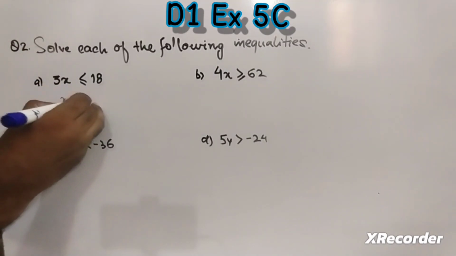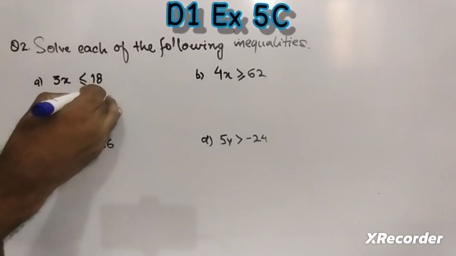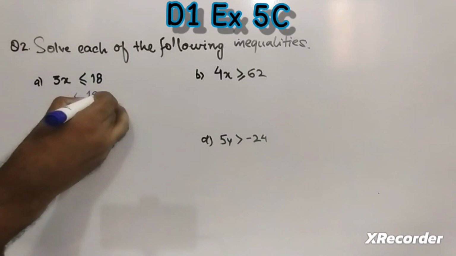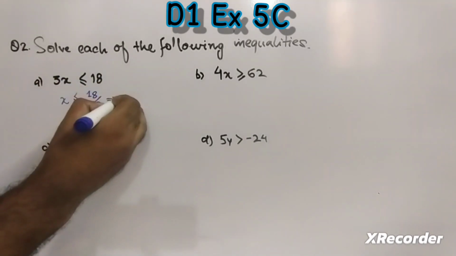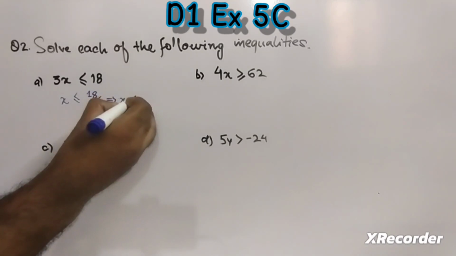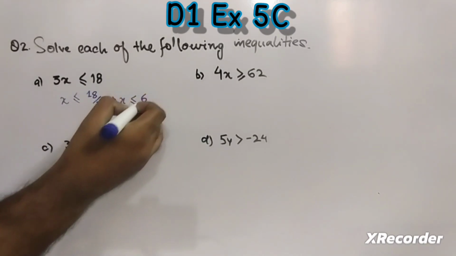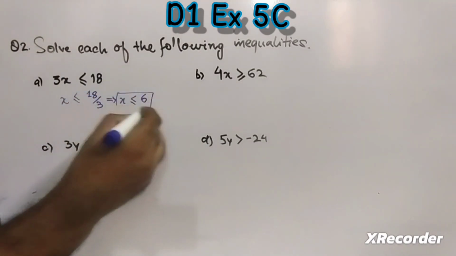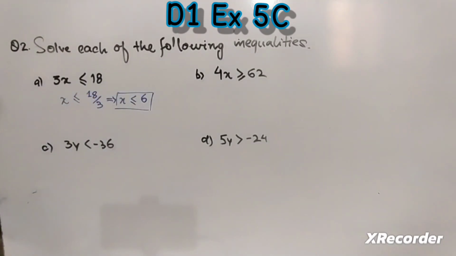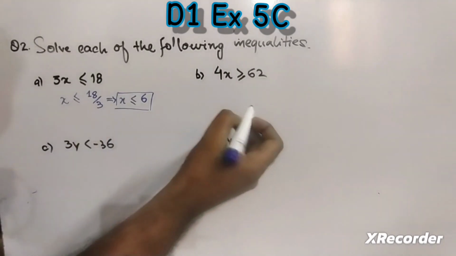We put the inequality sign as given, 18 upon 3, and then x will be 6. So that is our required answer.